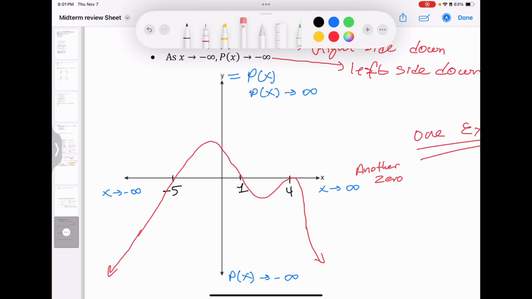I could have also drawn the graph like this. There's no one way to draw this graph. I could have also sketched the graph. I'm going to use blue in this case. I could have curved it at -5, curved it, and go up through 1, and then go down through 4.